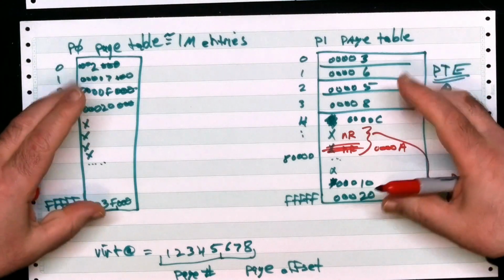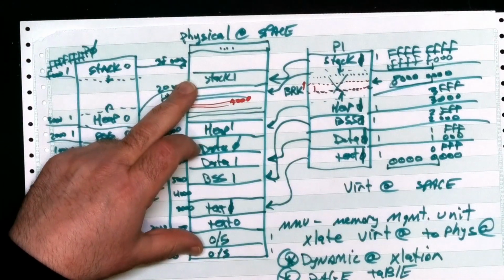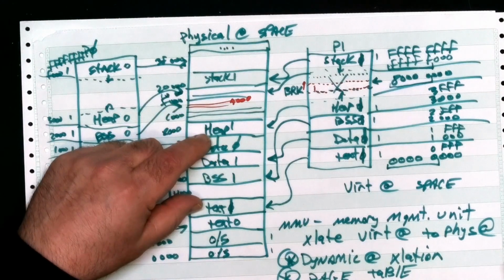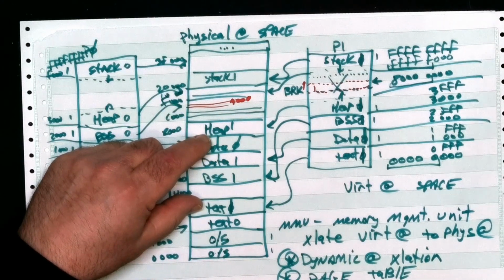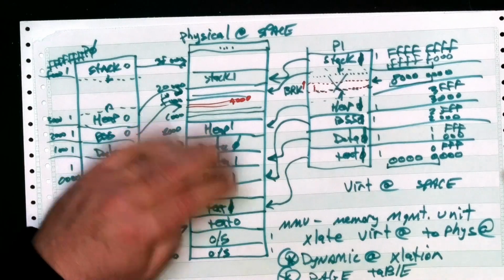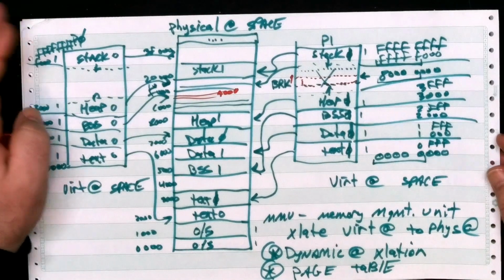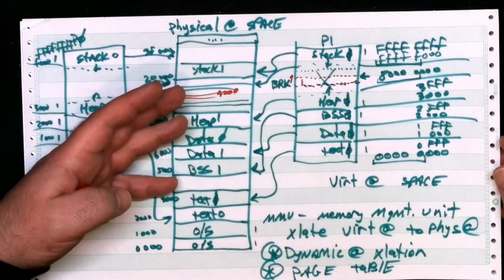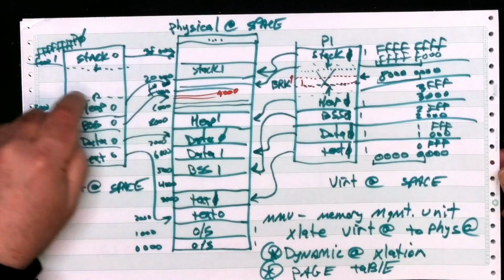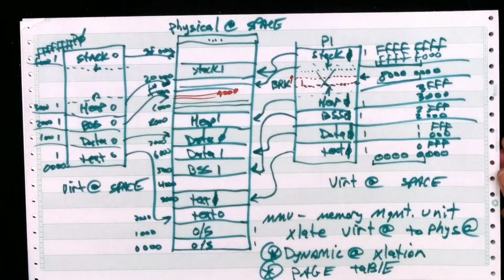And let's say right now, every single page of the physical memory is in use. There's nowhere to put process 3. How does that work? Well, the operating system can either say, no, I can't start any more processes right now because I'm out of resources, or it can steal pages away from running processes.